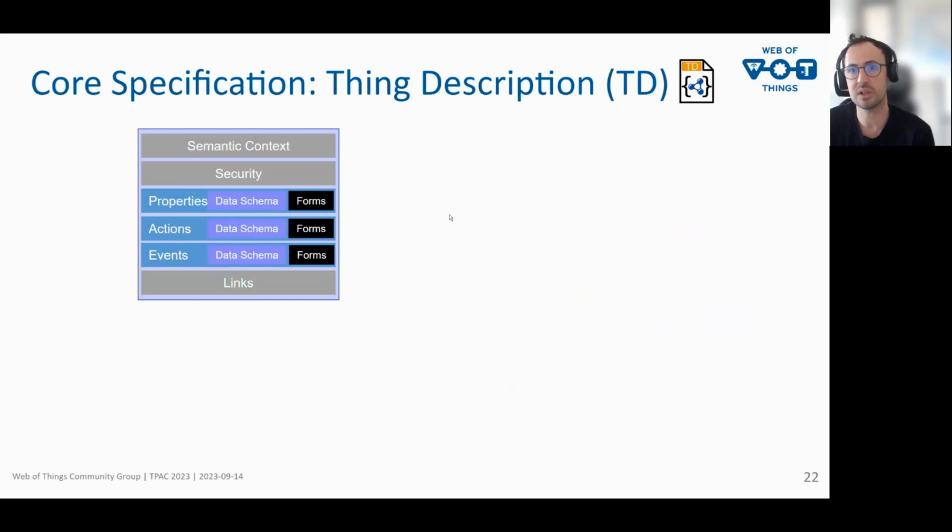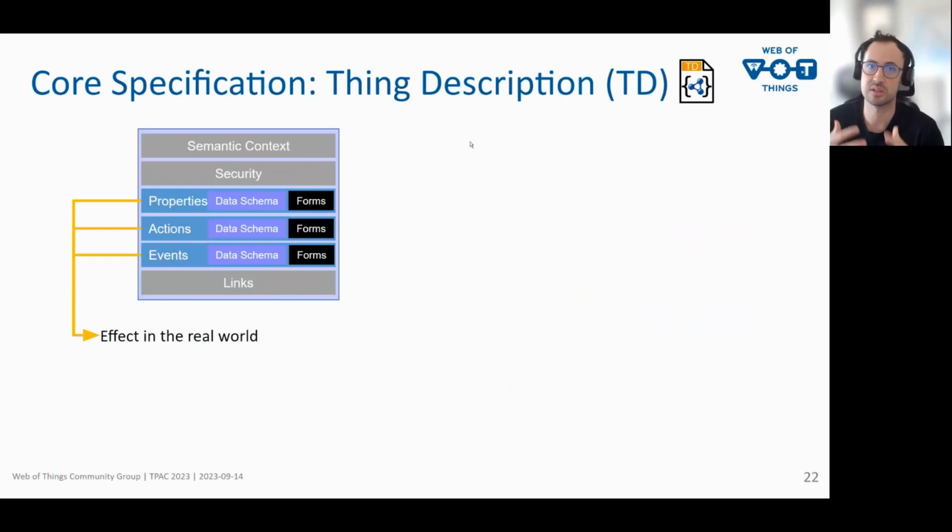So going deeper inside the Thing Description, here is the core of the whole family of Web of Things standards. And you can see it's composed of different components. Those 3 building blocks, properties, actions, and events, are called affordances. They describe what the thing can do in the environment.